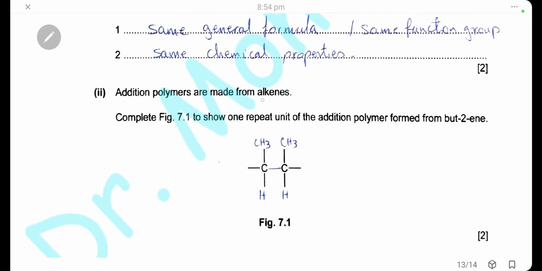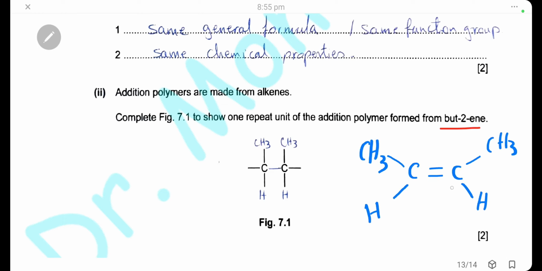Addition polymers are made from alkenes. Here we have this figure to show one repeated unit of the addition polymer formed from butene. Here is the formula of the butene, where the double bond is on carbon number 2, and we have 4 carbons, so it is but-2-ene.